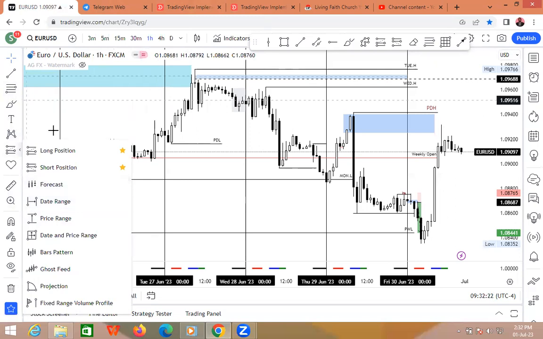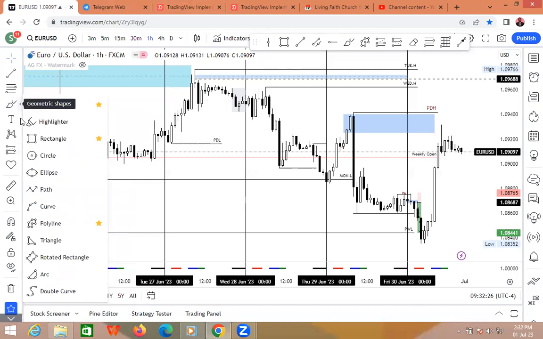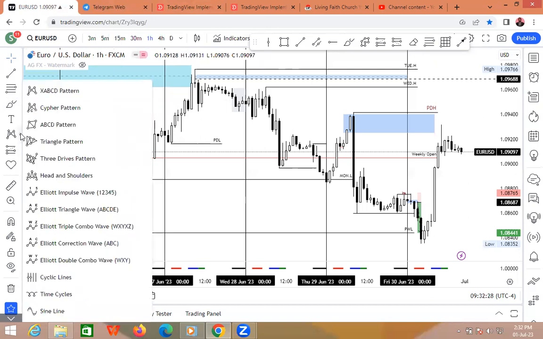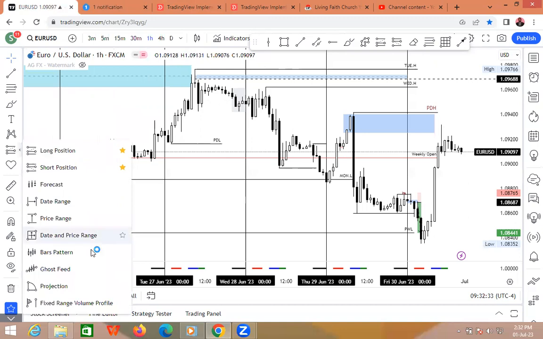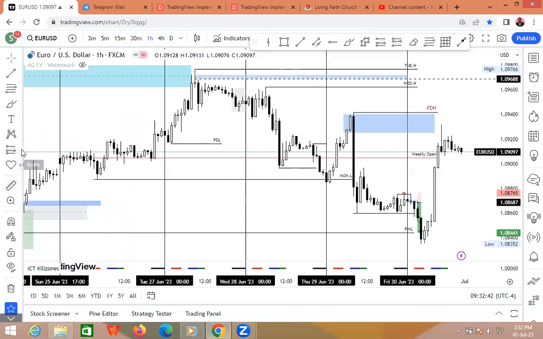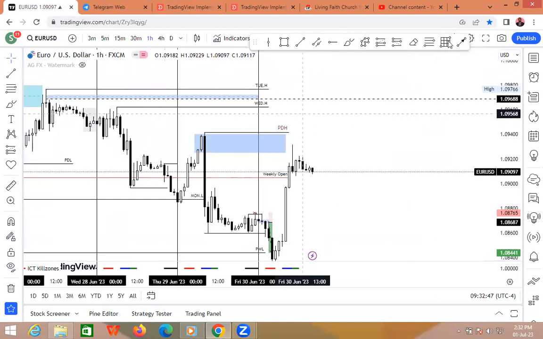If you come to this left side, you will see the GAN tool, where you have your Fibonacci. Then if you have seen the GAN tool, let me just draw it out. You know where it is already, so just pick it.